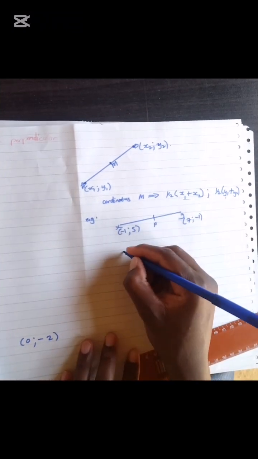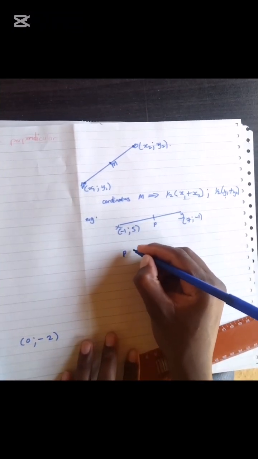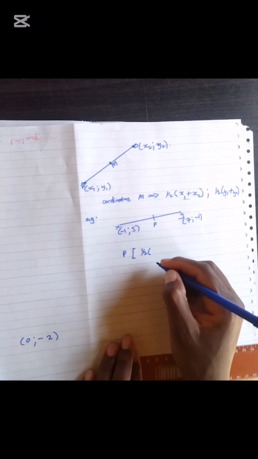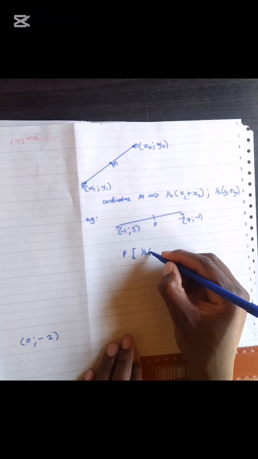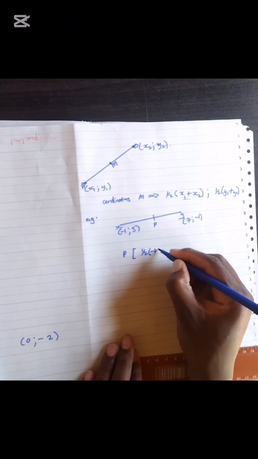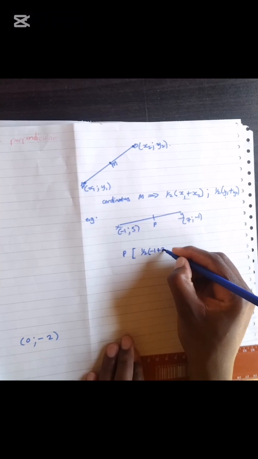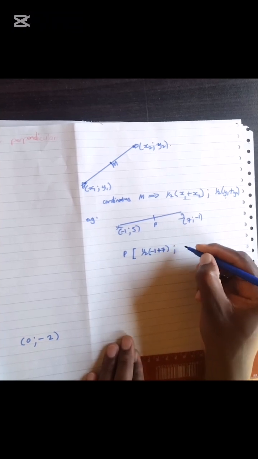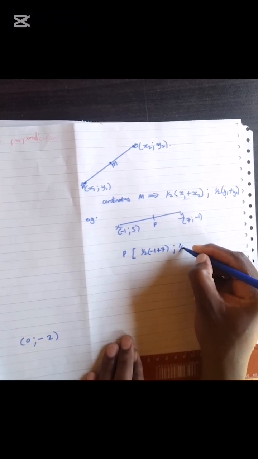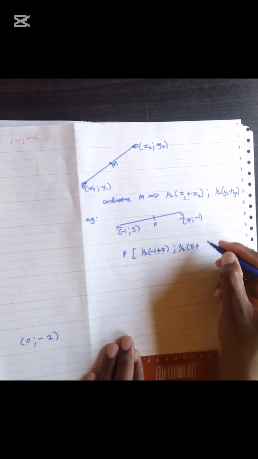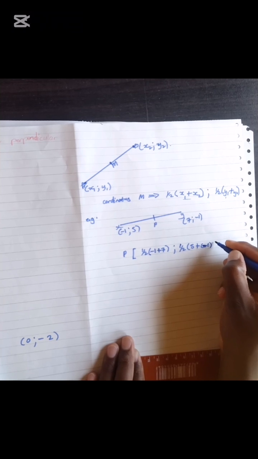So the coordinates of P in this case, we say half x1 plus x2, and half y1 plus y2.